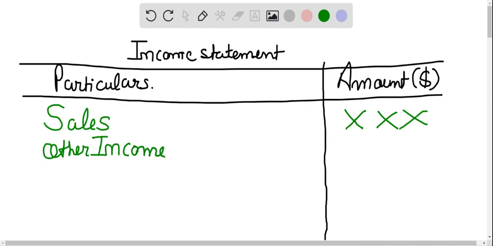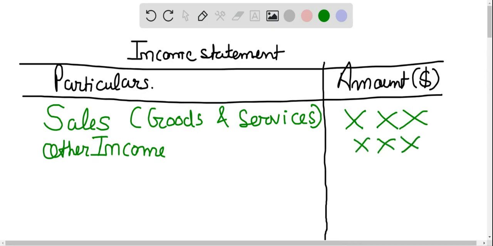Other income can include interest income, fixed deposit interest income, any type of income that is different from sales of goods and services. So I will write sales of goods and services.